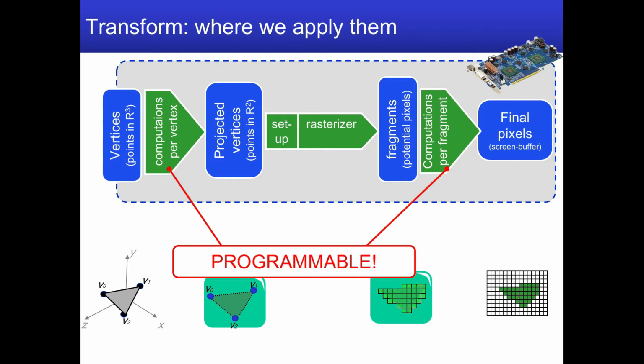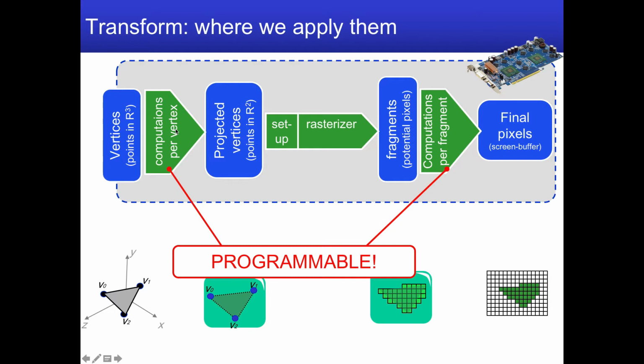So we have two stages where we can program the GPU. In the pipeline so far, I give you some vertices and some primitives connecting those vertices, and I can compute parallel operations on the vertices.